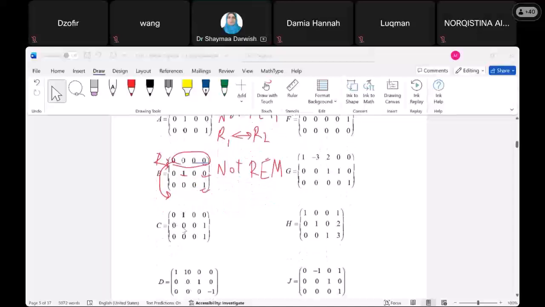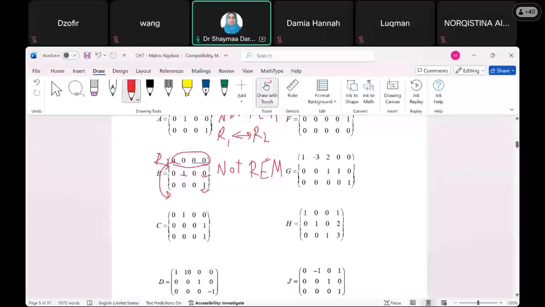Okay, C. Is it a row echelon matrix or not? What do you think? Row echelon matrix? Yes, not.